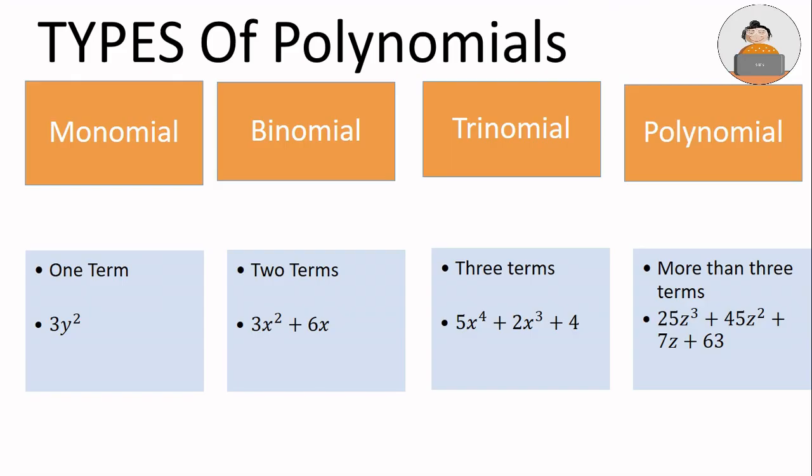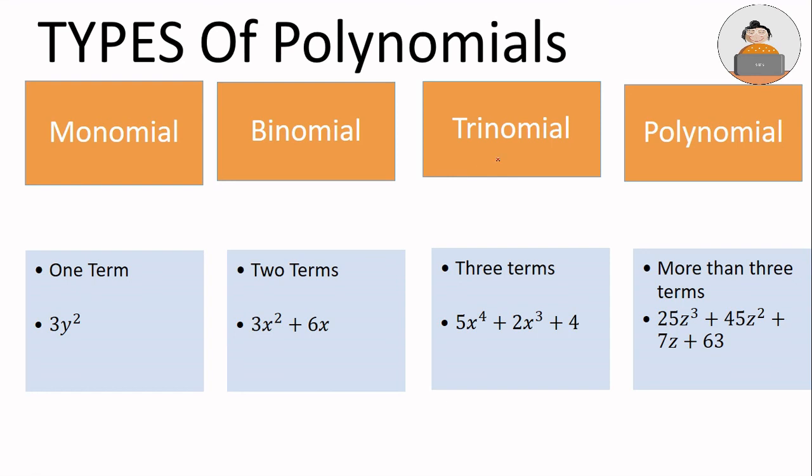Friends, lastly we will talk about the types of polynomials based upon the number of terms present in the expression. First is the monomial consisting of one term, for example 3y square. Next is binomial. A binomial consists of two terms. Here is the example 3x square plus 6.